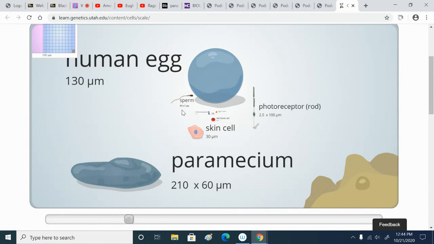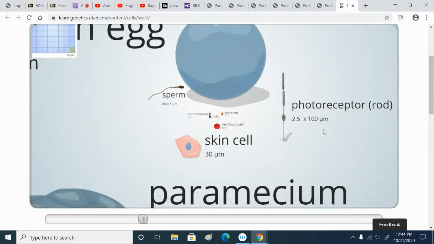Here we have an egg, right? That enormous egg, and yet a little bitty tiny sperm. How come the egg is so big and the sperm is so small? Any idea why the size difference?